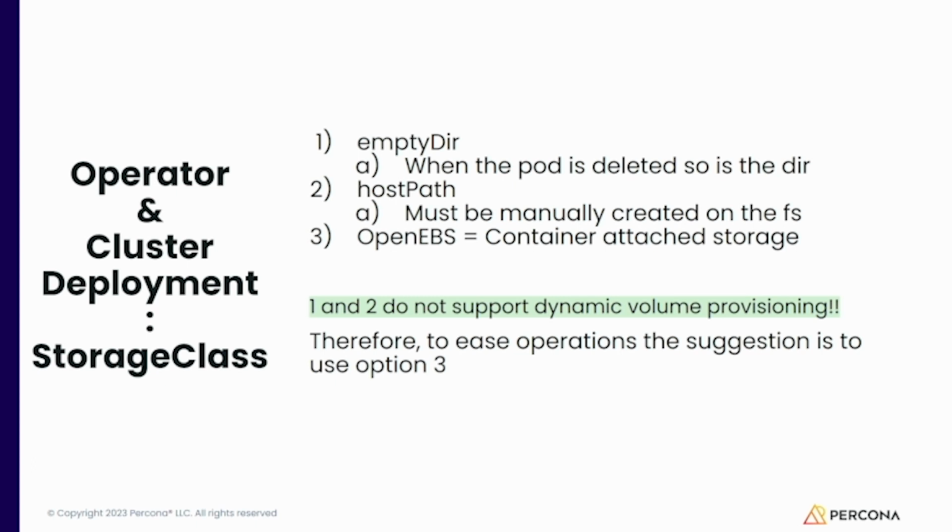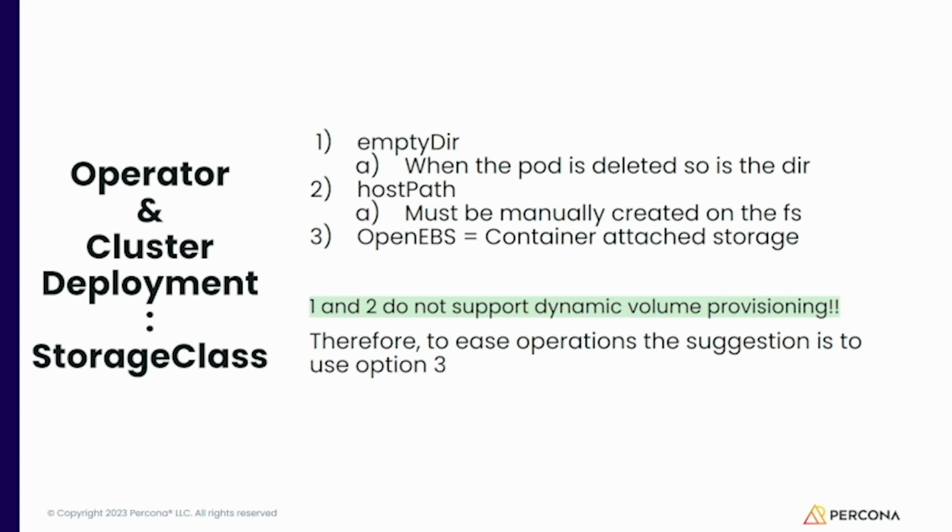So for a persistent data store or for a database, that's likely not the choice you want, unless, of course, you are testing or in an environment where you don't care about your data. hostPath is manually creating a file system that you will then mount on the pod. And the last option is OpenEBS, or container attached storage.